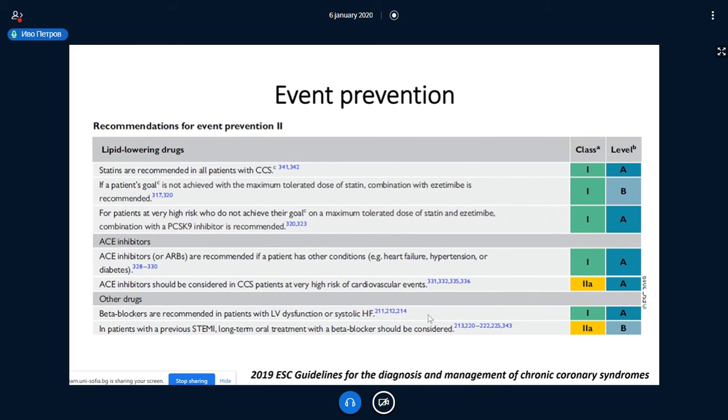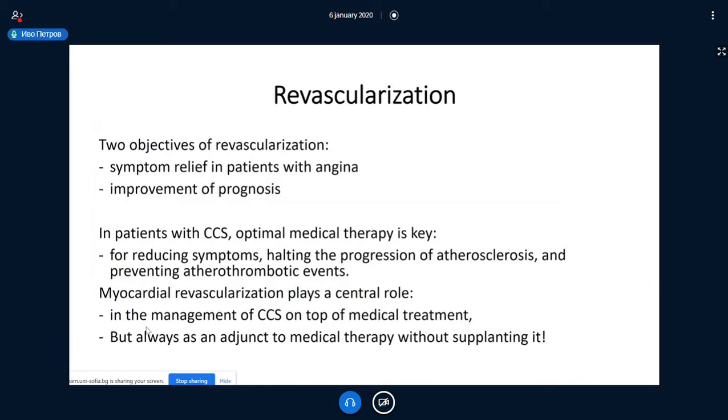Especially in patients after myocardial infarction, beta blockers are improving the prognosis as well. So these four groups are improving the prognosis. Of course, the prognosis is improved especially in acute coronary syndrome, which I will speak about later.